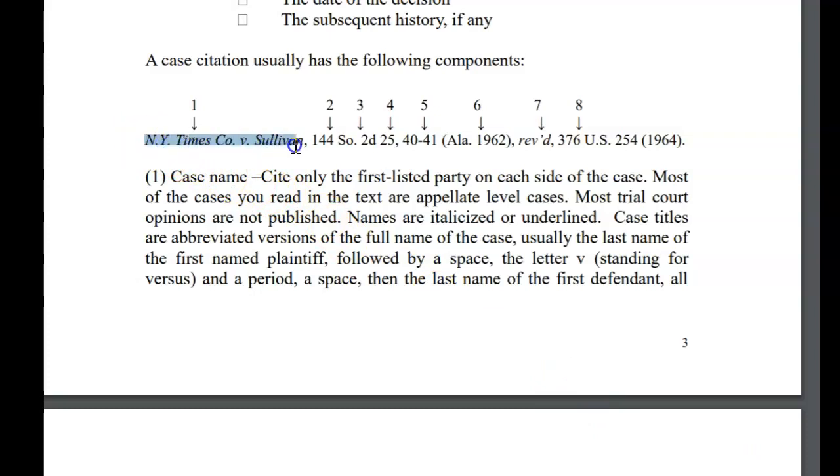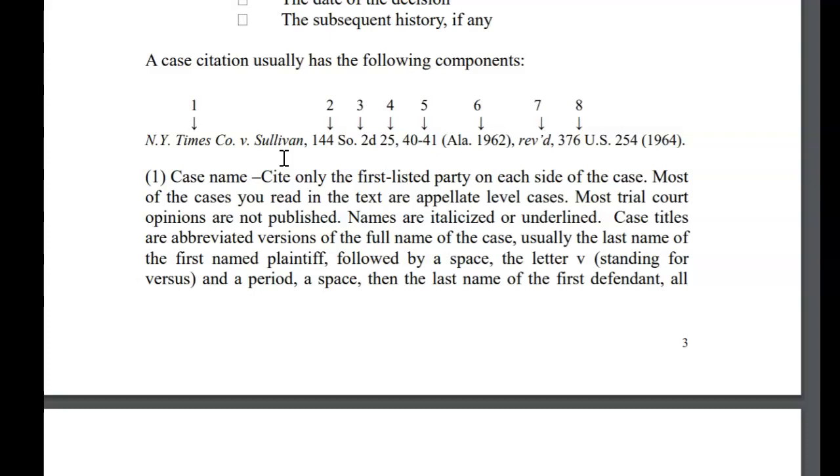Case titles are abbreviated versions of the full name of the case. Again, this is usually the last name of the first named plaintiff, followed by a space, the letter V standing for versus, and a period, then a space, then the last name of the first defendant, all underscored or italicized.